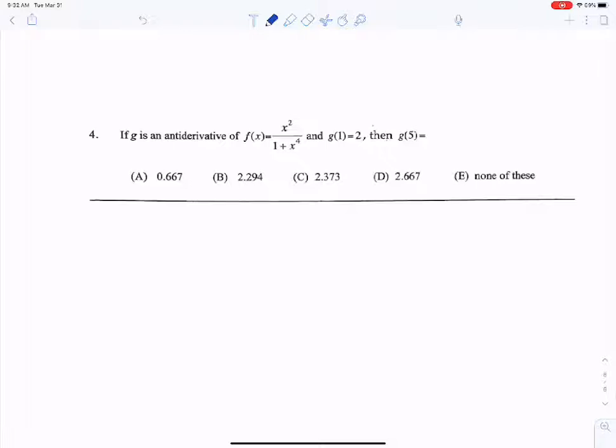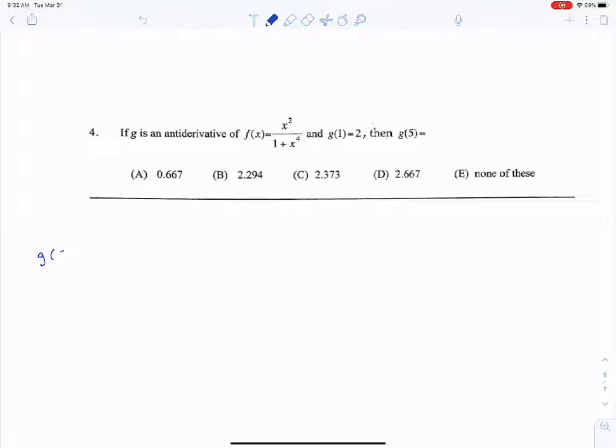We are told that g of 1 equals 2, and then we're supposed to find g of 5. So what I'm going to do is the following. g is the antiderivative of f of x. So g of 5 equals g of 1 plus the displacement from 1 to 5 of our f of x function.